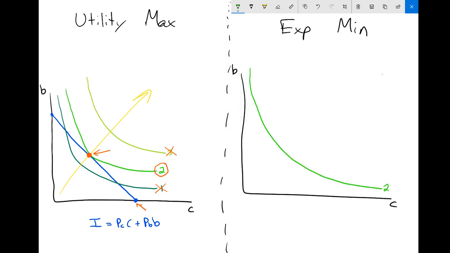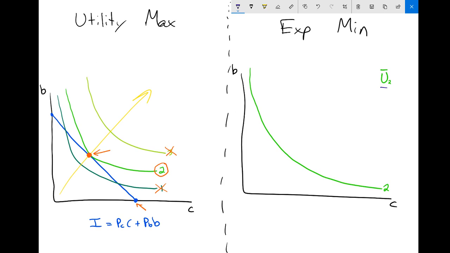Let's say this indifference curve corresponds to some utility value, we'll call it U bar 2. So with the expenditure minimization problem, they will minimize the amount of money that they need to spend to achieve this level of utility.